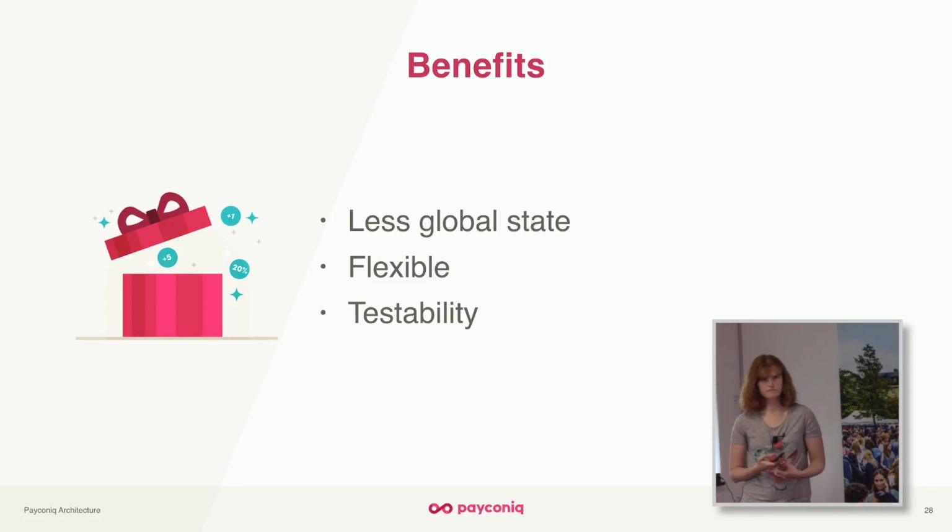The benefit of this architecture is that there is less global state. As I said, it's only in the interactor, so it's easier to test, and it's also easier to maintain. It is very flexible because views and interactors are really detached from one another, so you can really easily reuse the view or the interactor in another module of your app.